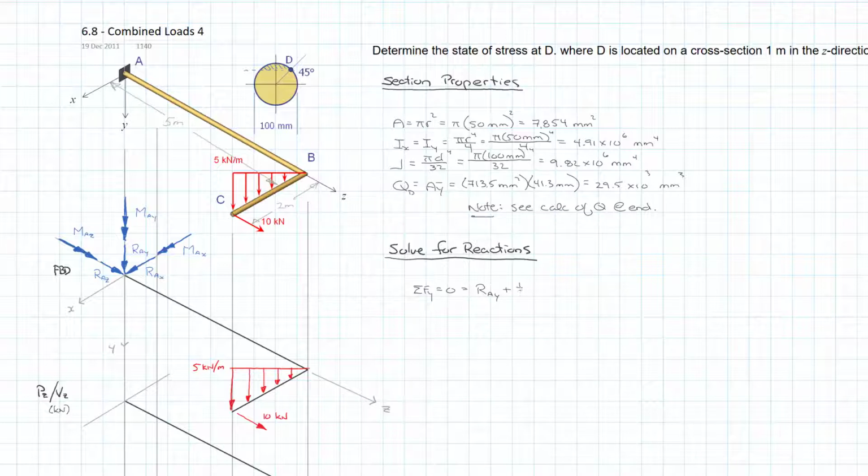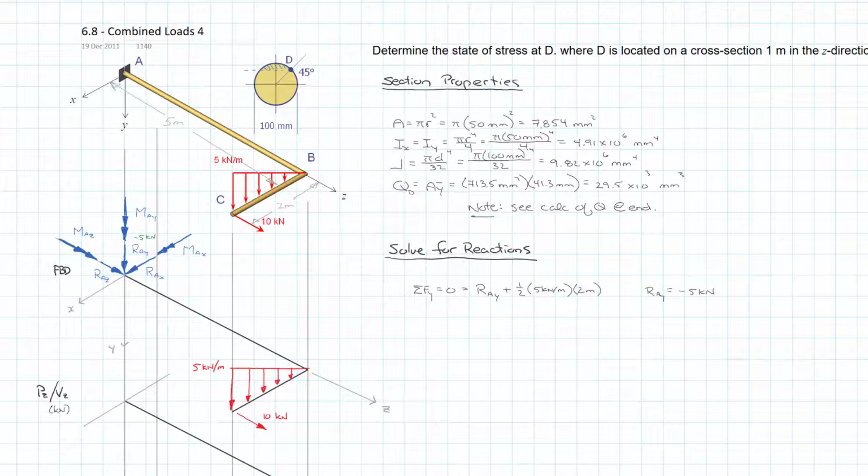So that's equal to 1/2 times 5 kilonewtons per meter times its base of 2 meters, and that gives us an RAY equal to -5 kilonewtons. I'm just going to right away go up, find my RAY, and put -5 kilonewtons in for RAY.